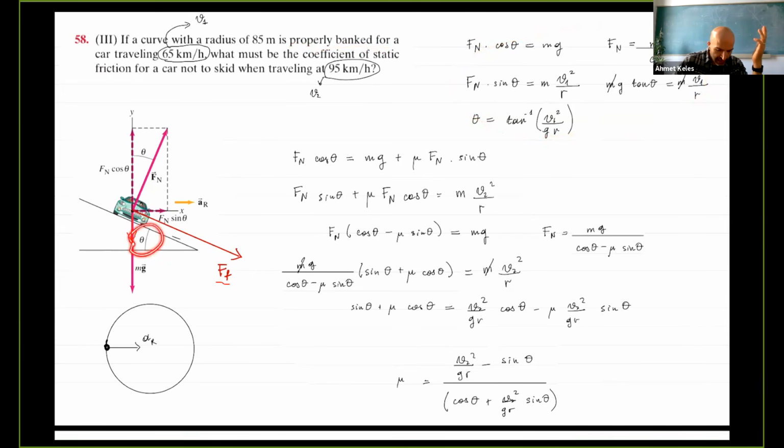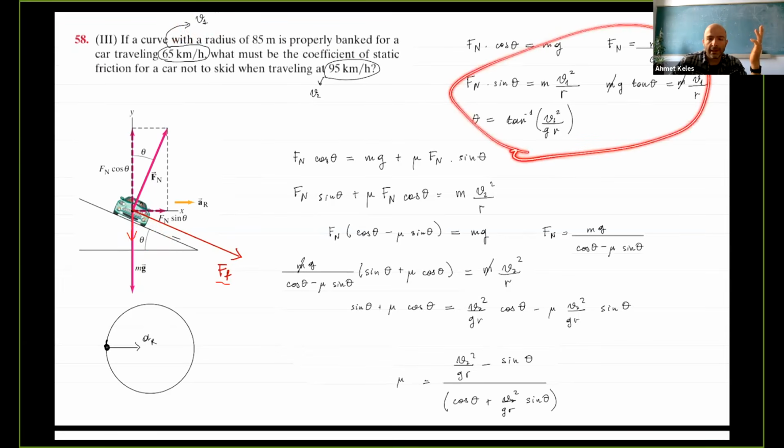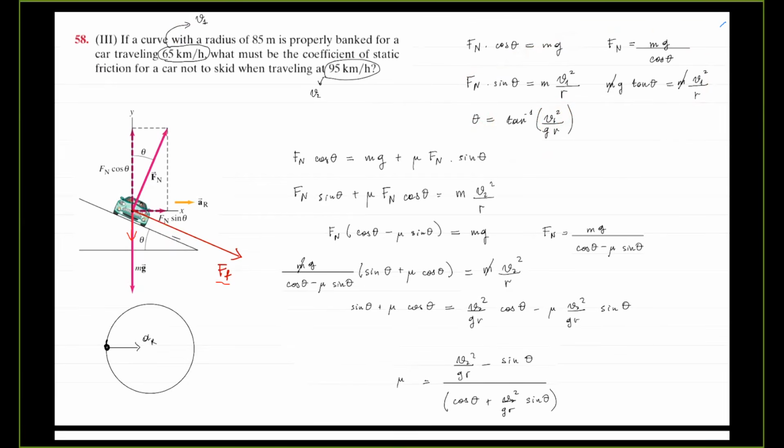That means this is designed for this velocity, and that means your angle determines your velocity, v1. That's why I first spelled it out in this form. So the angle perfectly determines the speed, or the speed perfectly determines the angle, and there's no friction here. You don't need friction here.